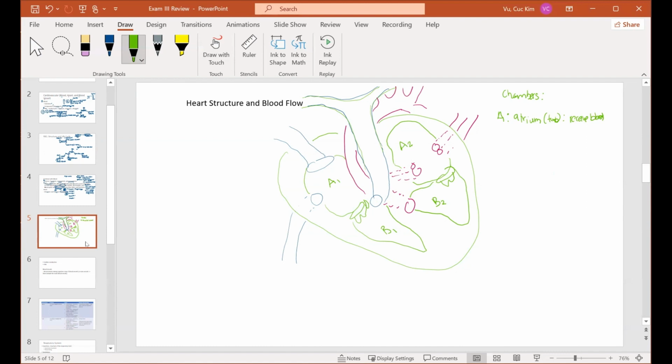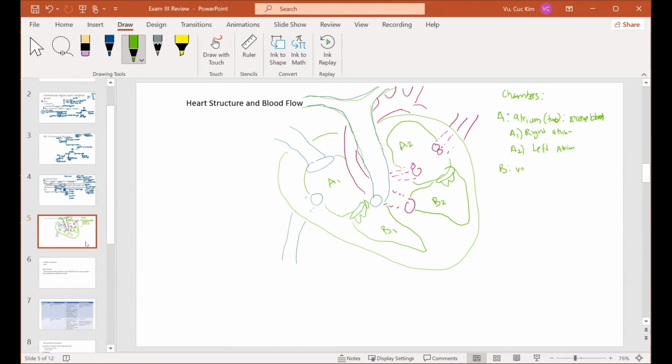So A1 is going to be the right or left? What's A1? See if you remember your anatomical position. Yes, very good. That's going to be the right atrium. A2 becomes the left atrium.